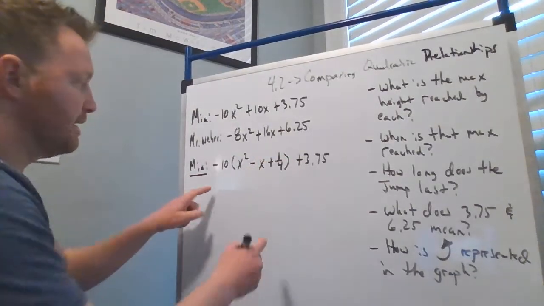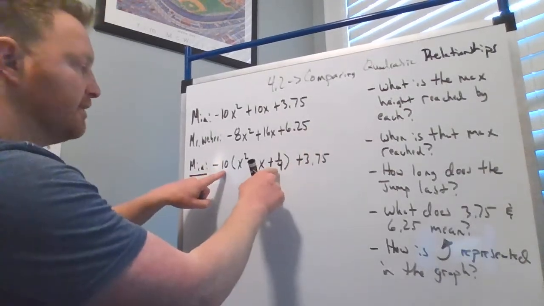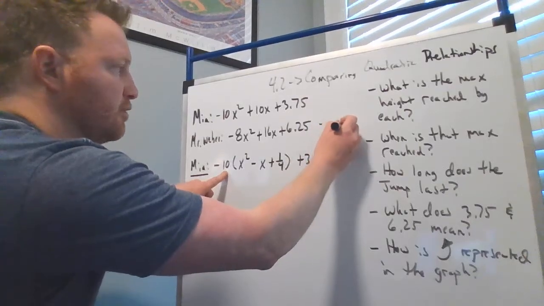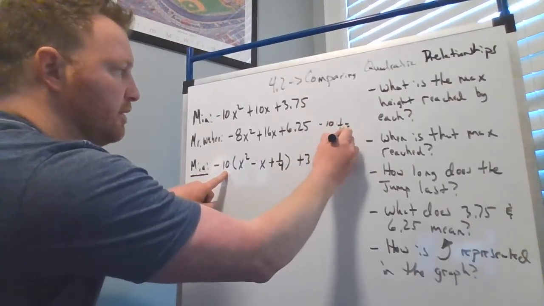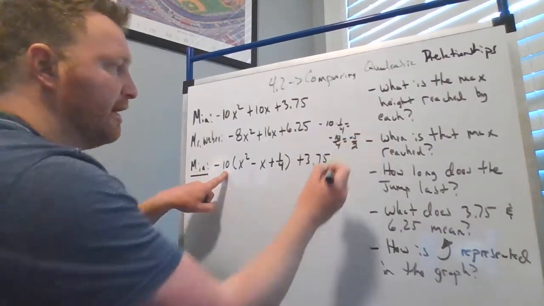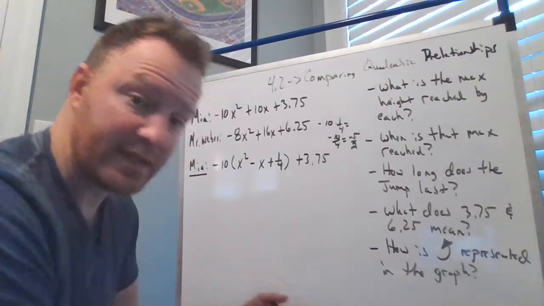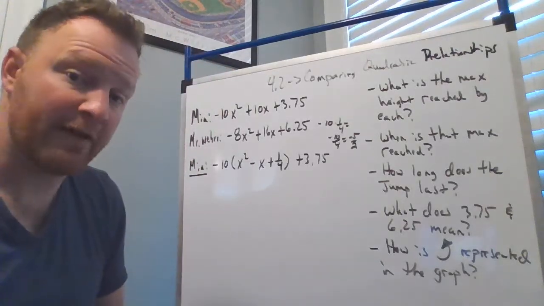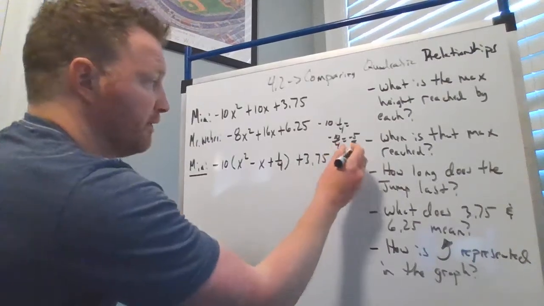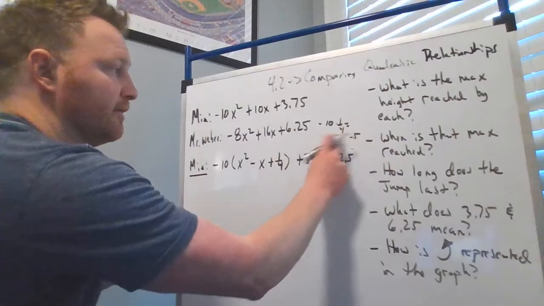Now, I brought in a negative 10 times 1/4, and negative 10 times 1/4 is negative 10/4, which reduces to negative 5/2. I brought in a negative 5/2, so I take out a positive 5/2, but 5/2 is the exact same as plus 2.5. That's how I got plus 2.5.